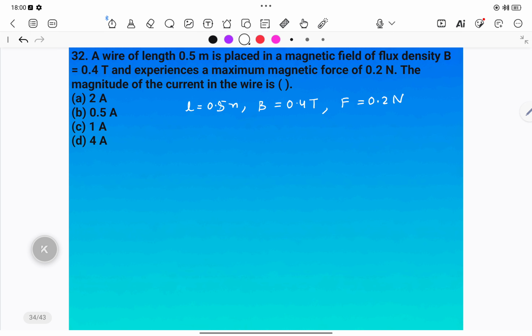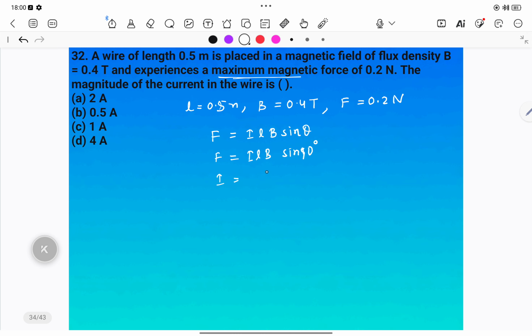We know that the force experienced by a current carrying wire is equal to I into L into B sine theta. Since here the wire is experiencing the maximum force, theta will become 90 degree. Now we have to calculate current.